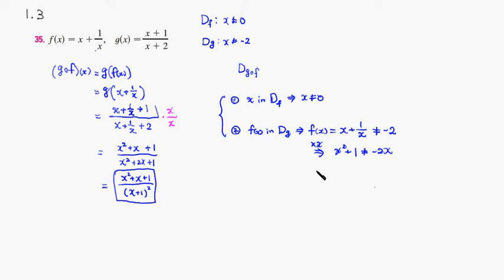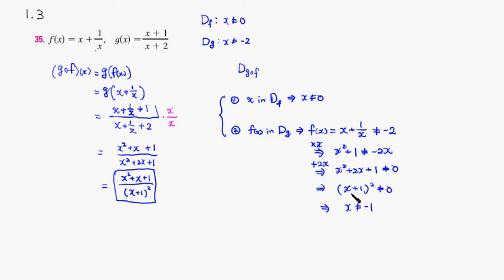Then let's put everything on the left by adding 2x: x squared plus 2x plus 1 cannot be equal to 0. Then factor it: x plus 1 squared cannot be equal to 0, which means we cannot have -1. So x is not equal to -1.